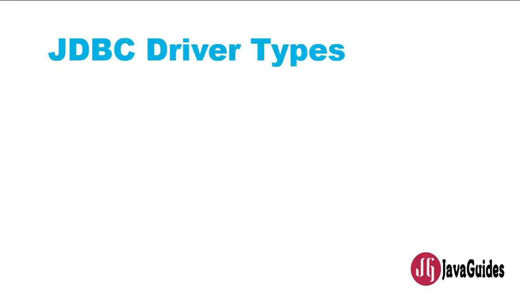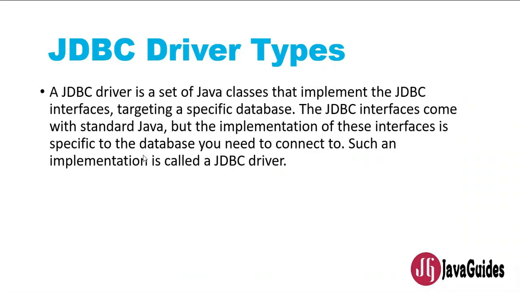Now let's have a look at what a JDBC driver is and what the JDBC driver types are. As I mentioned, a JDBC driver is a set of Java classes that implements the JDBC interfaces targeting a specific database. The JDBC interfaces come with standard Java, but the implementation of these interfaces is specific to the database you need to connect to. Such an implementation is called a JDBC driver.